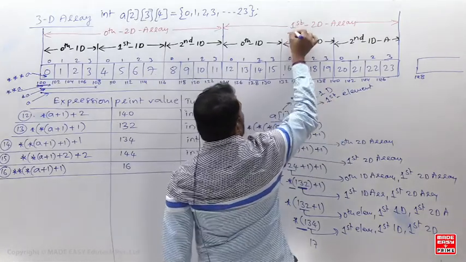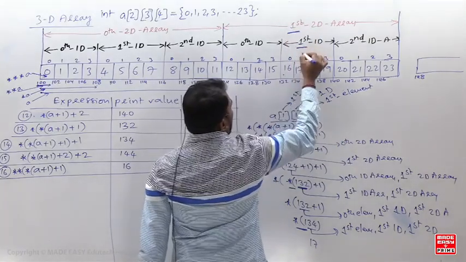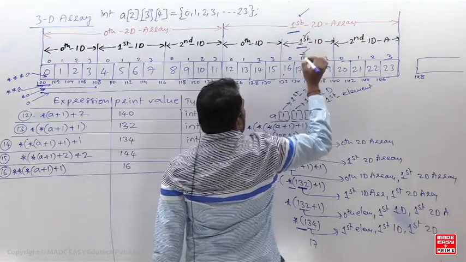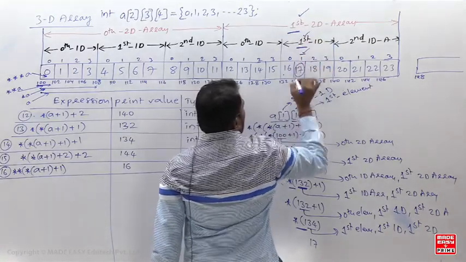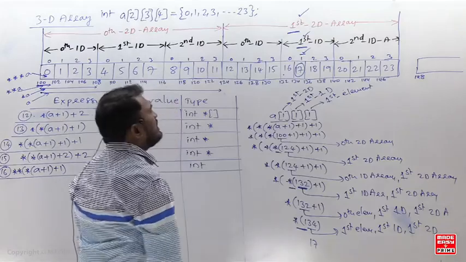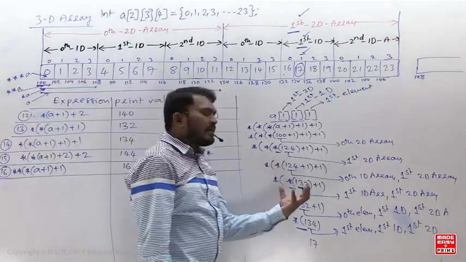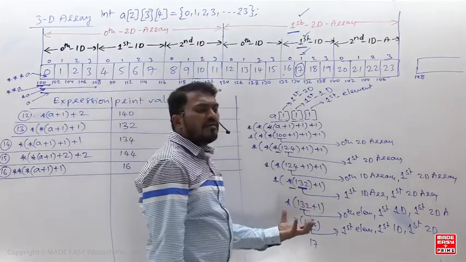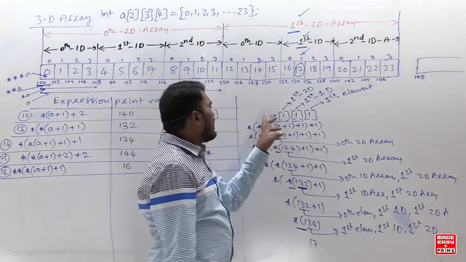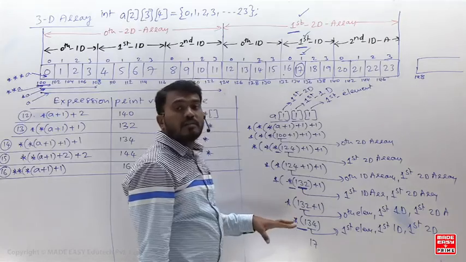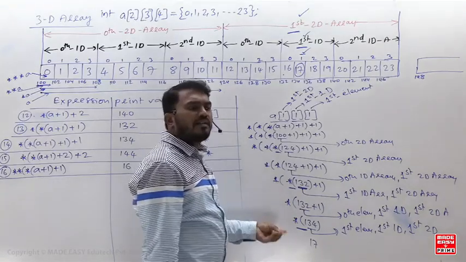Look at here: first 2D array, first 1D array, first element. That is the 17. This is how the compiler will evaluate internally. Is that clear? As a user, you are just observing A of 1 1 1, but internally everything is what? A pointer only. Internally everything is a pointer.